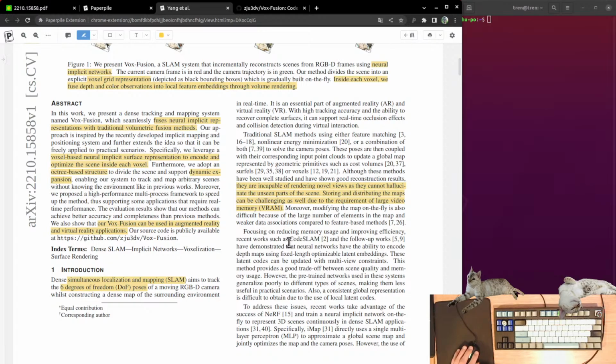Okay, so they say there's some recent works, such as CodeSlam, that can encode the depth maps, right?